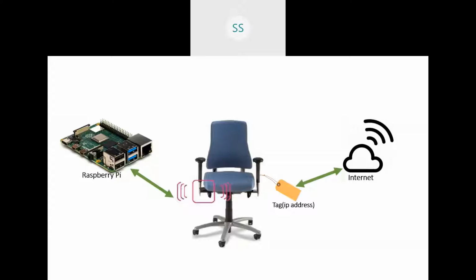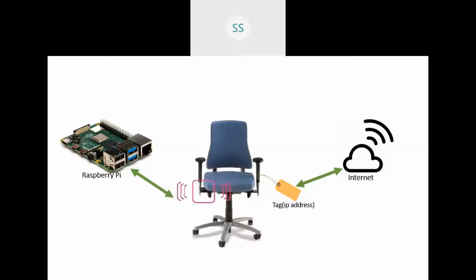Now, to connect anything to the internet, I need to tag that particular thing with a unique number, isn't it? Because on the internet, anything can be identified through a unique number only. Suppose I want to make this chair, the chair you can see in this slide, IoT enabled.